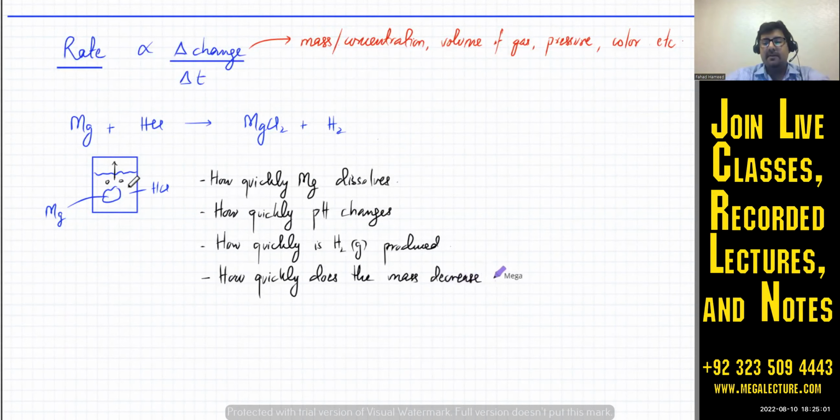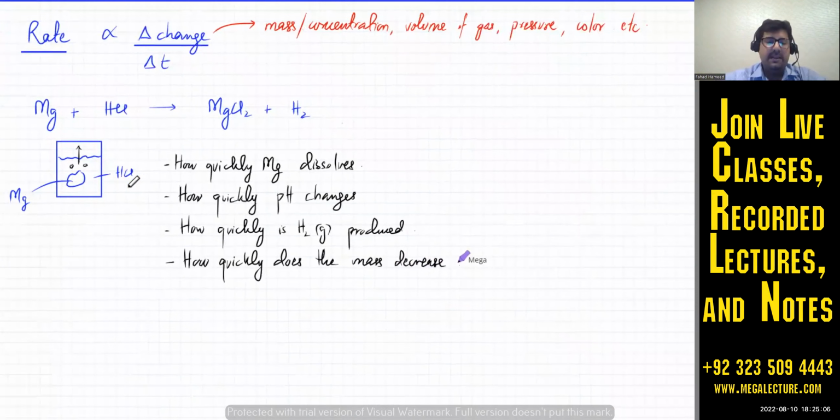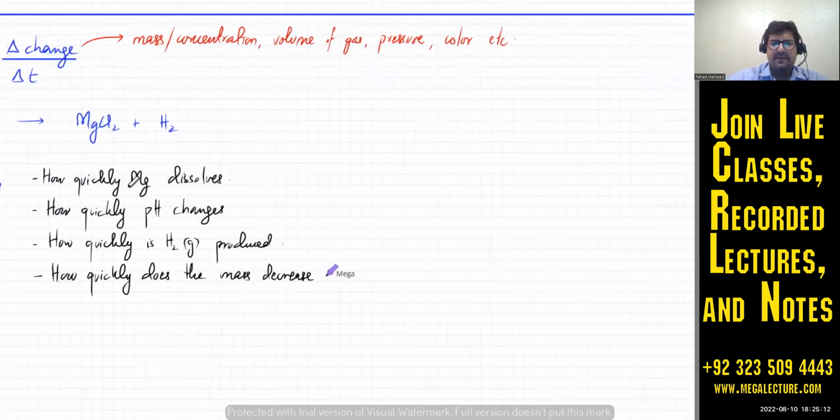So every time there's going to be a graph, and the graph will be changed with respect to time. Every time it's going to be the same graph, changed with respect to time. So the first one was, how quickly Mg dissolves, right?